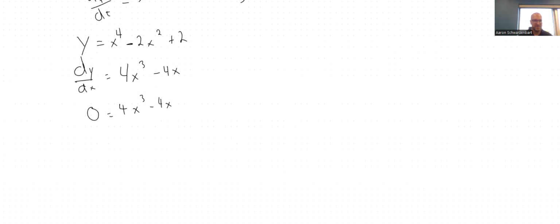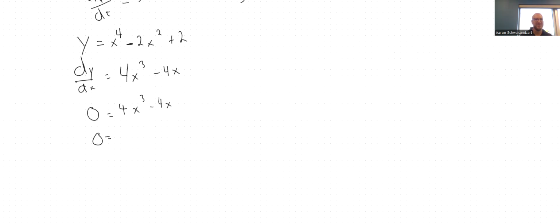So how would I solve this for where it equals 0 to find my x coordinates of my horizontal tangents? I would factor. Good idea. Well, is there a common factor? Do not think too hard about this. Is there a common factor between these?